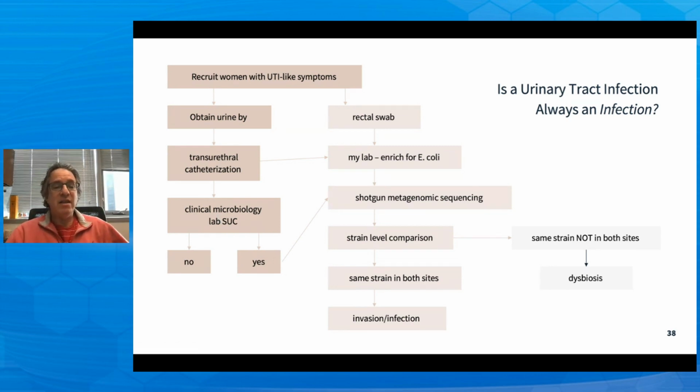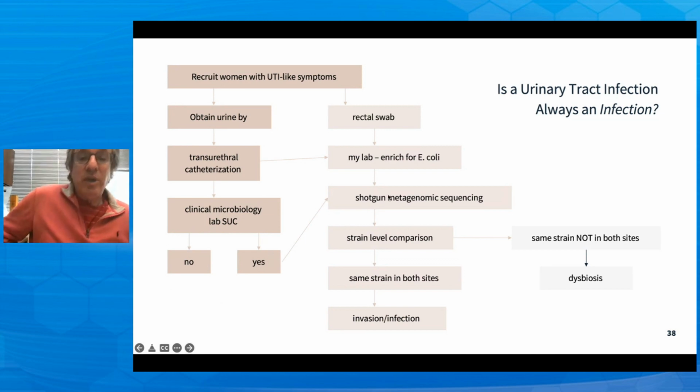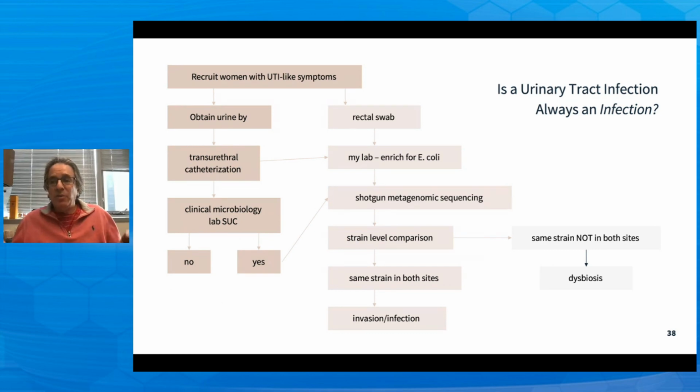And if that test comes back as positive, we then shotgun metagenomic sequence. We're going to sequence without amplification. We're not talking 16S, but we're sequencing everything. We get the human DNA, we get the bacterial DNA, we get yeast DNA, and so on and so forth. If we sequence deeply enough, then we can get strain level comparisons.